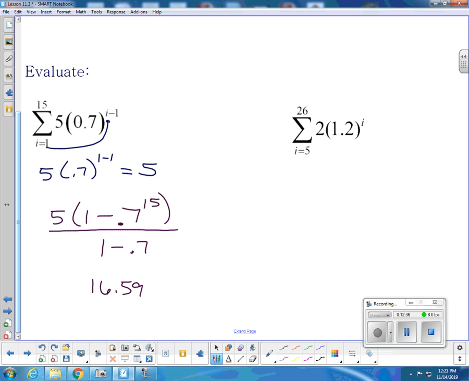So the second one, what am I going to plug in to find my first term? Five. This is the bottom, the index, lower bound. And I'm going to get some decimals here.